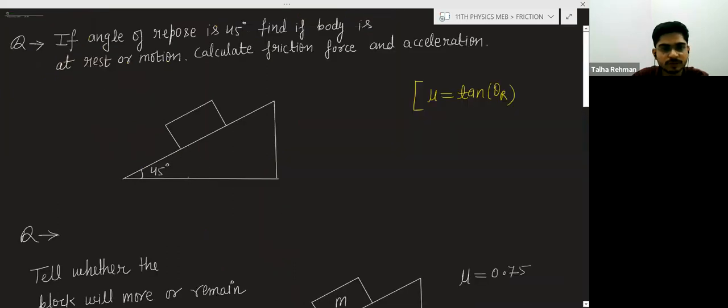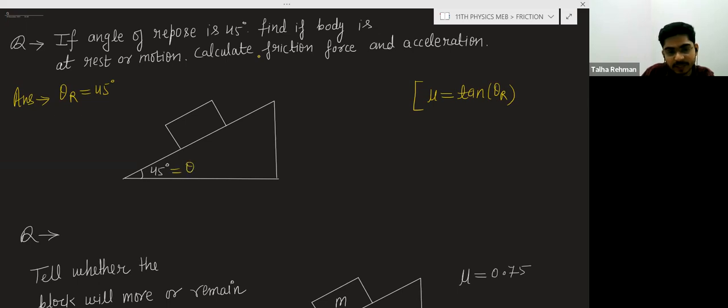See this question. They are saying the angle of repose is given as 45 degrees. If the angle of repose is 45 degrees, find if the body is at rest or in motion. See, what is theta? This is theta basically.